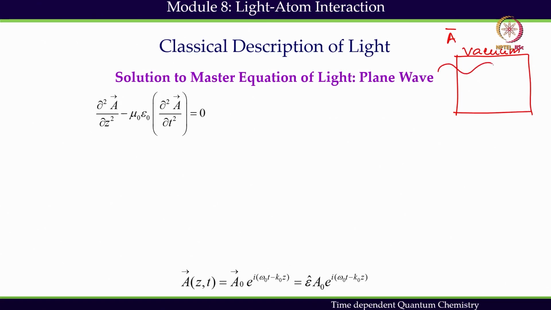If light is propagating through the vacuum medium, then one way to understand its behavior is to use the Coulomb gauge. That is one way to look at light. How does it look like? We'll see that if we solve this equation, we'll be able to represent light in terms of the vector potential.